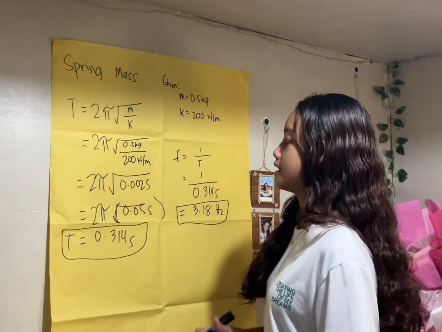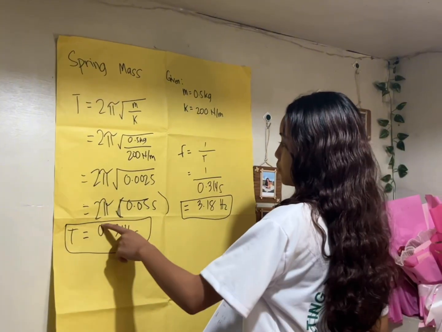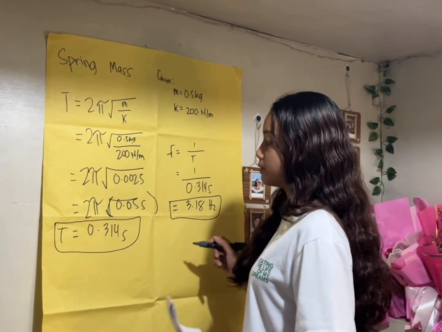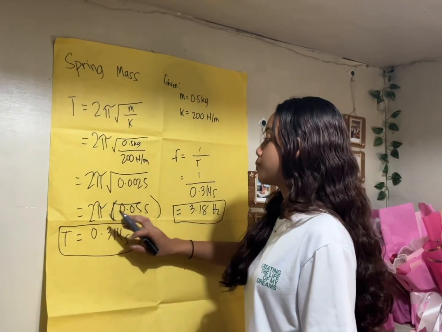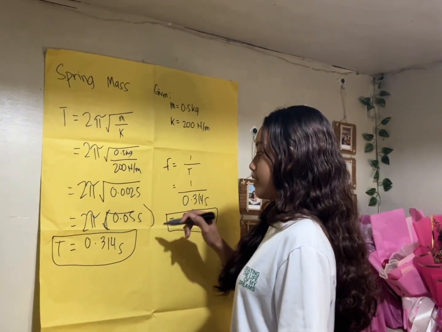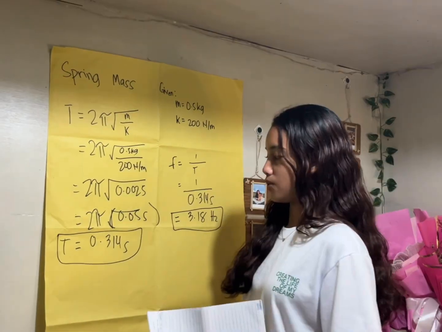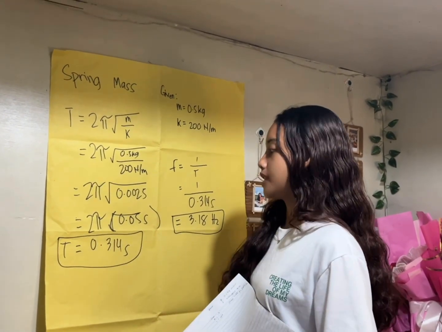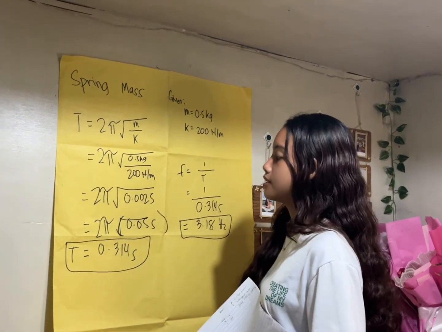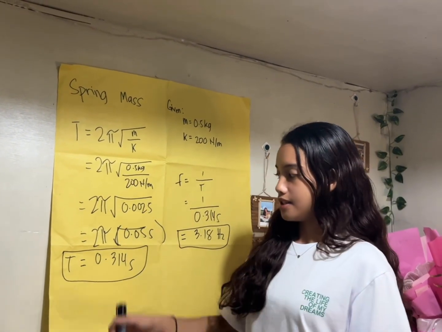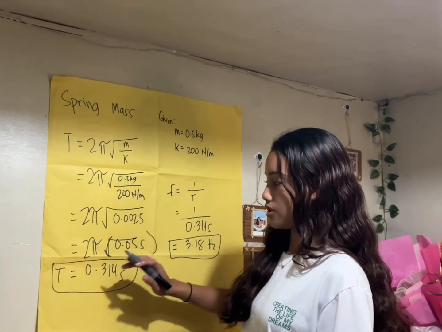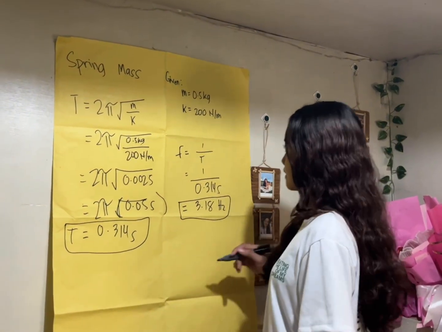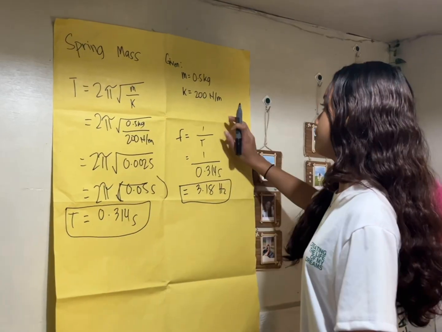The next is 2 pi times the square root of 0.0025, which is 0.05 seconds. So we're gonna multiply 2 pi times 0.05 seconds. So our final answer is 0.314 seconds. Next is the f.